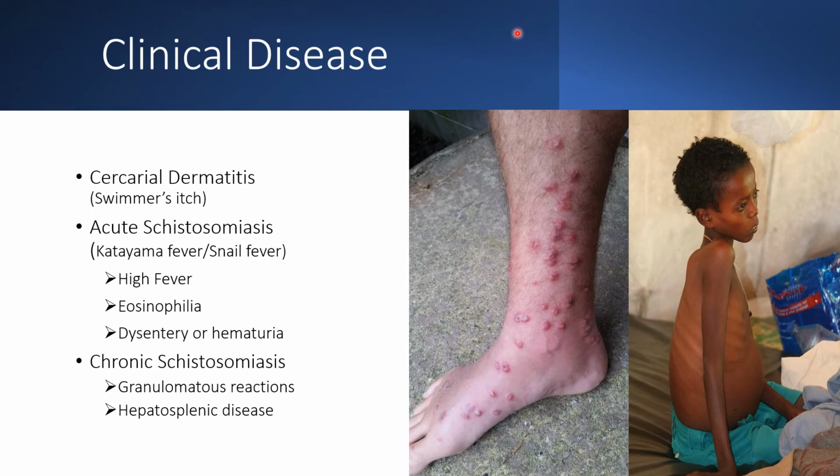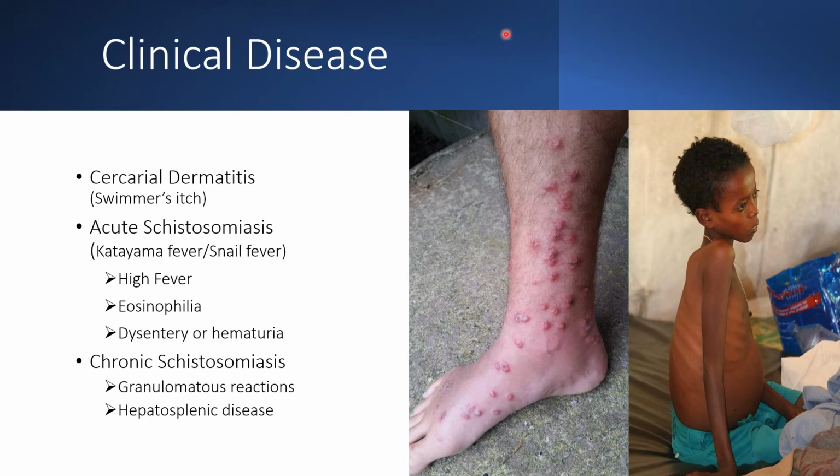First, let's talk about cercarial dermatitis, otherwise known as swimmer's itch. It is associated with penetration of cercariae and shows an urticarial rash. The redness at the invasion site is caused by an immediate hypersensitivity reaction.